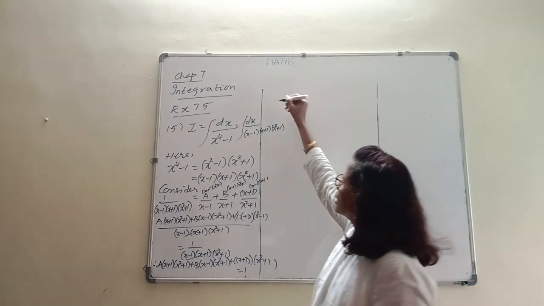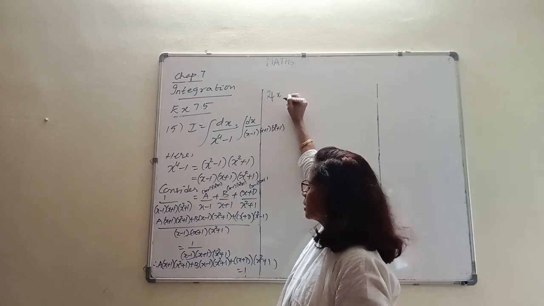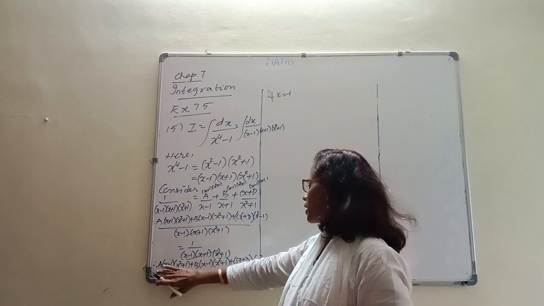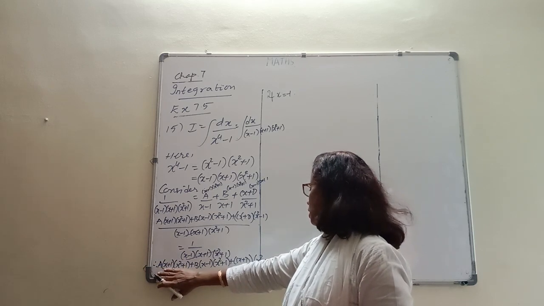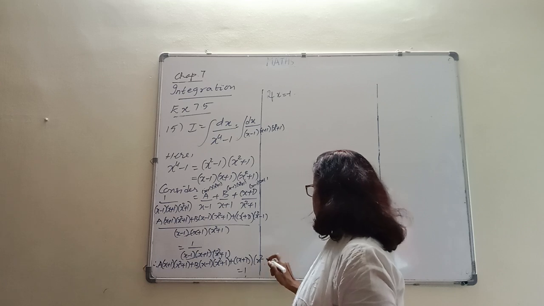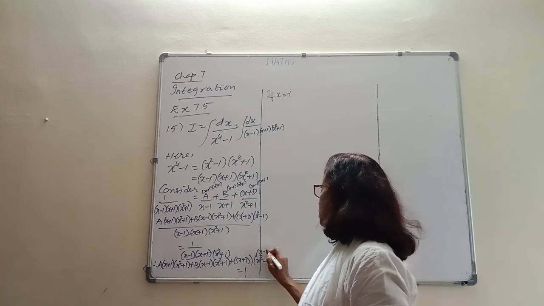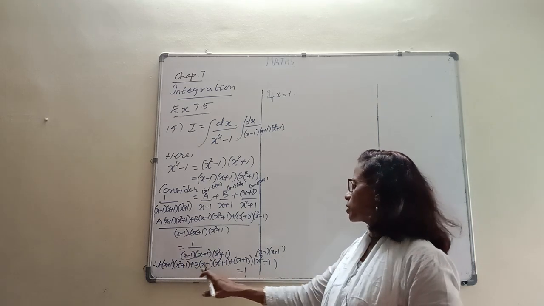So first let's have x as negative 1. When x is negative 1, a will vanish. This also will vanish because it is like x minus 1 times x plus 1. So these terms will vanish.